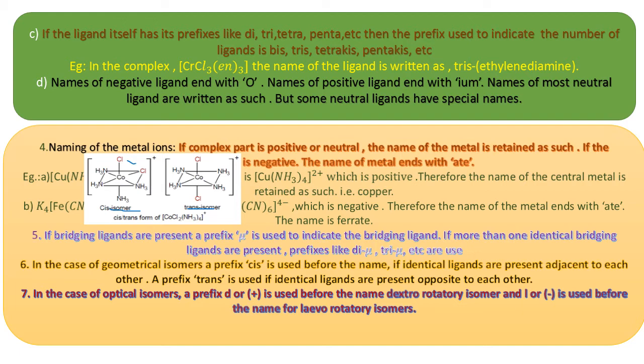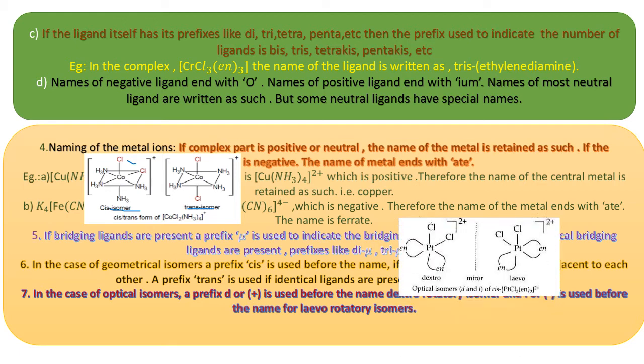In the case of optical isomers, a prefix D or plus is used before the names of dextrorotatory isomers and L or minus is used before the name of levorotatory isomers.